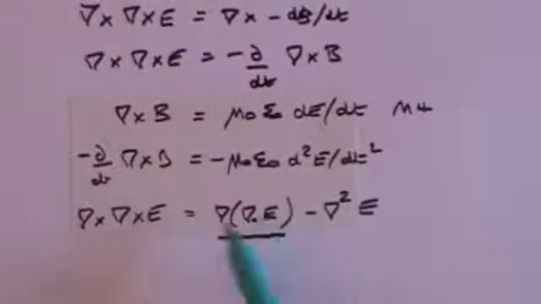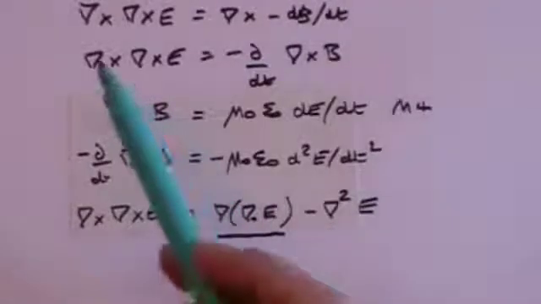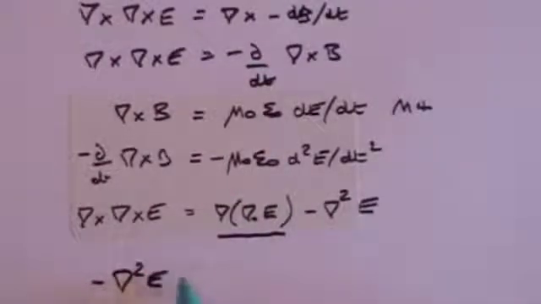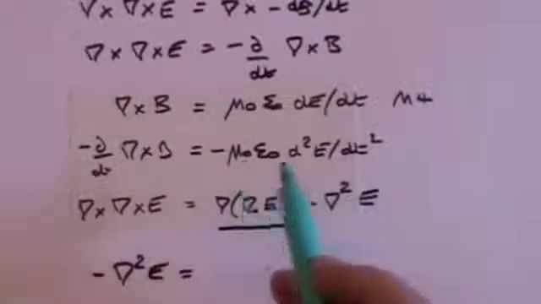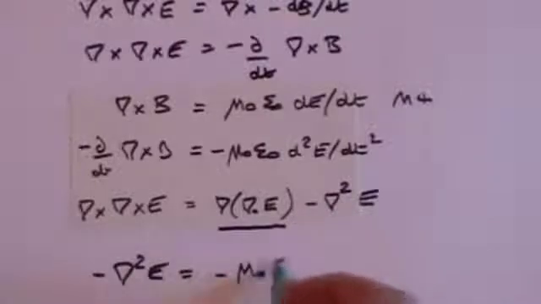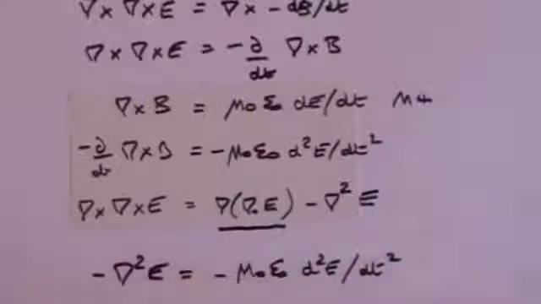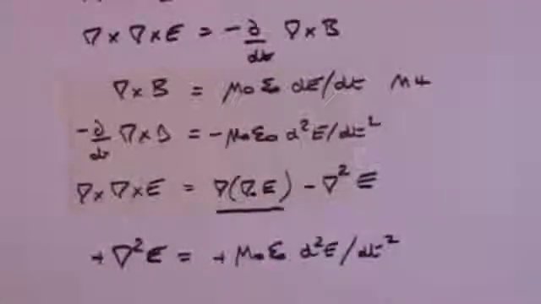And you're left that the curl of curl of E is minus the Laplacian, or del squared, of E. So now we've got that the left-hand side of this equation is minus del squared E. And the right-hand side of the equation we just discovered was this here, minus mu naught epsilon naught d2E by dt squared. And the first thing you can do obviously is cancel the minus signs.